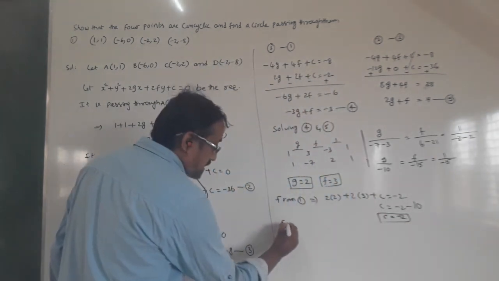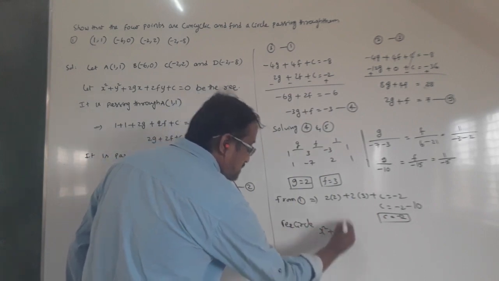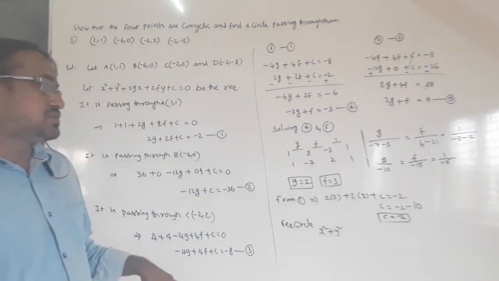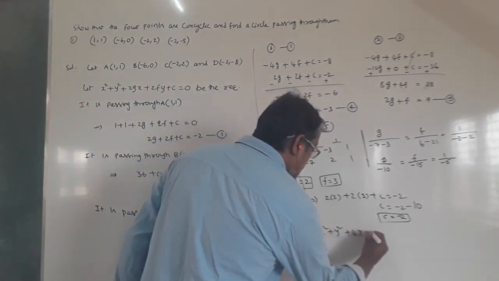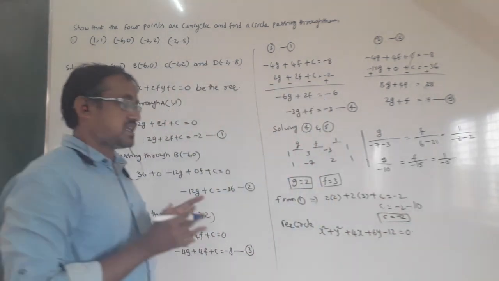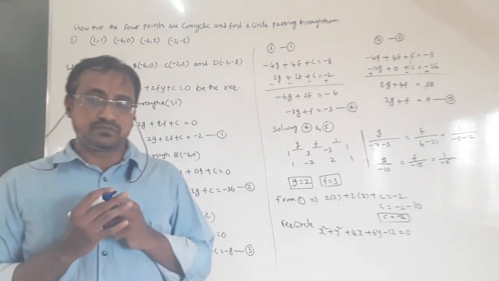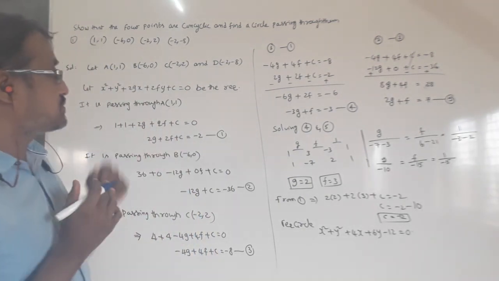Now the required circle is x square plus y square plus 2gx, g is 2, so you will get 4x plus 6y minus 12 equal to 0. That is the required circle. But you have to find a circle passing through 4 points.